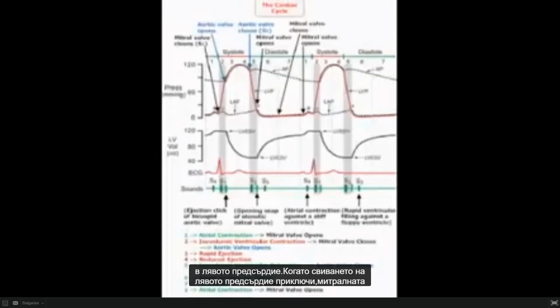When the contraction of the left atrium is finished, the mitral valve closes and then the second generation of pressure starts inside the left chamber, but it is isotonic now.